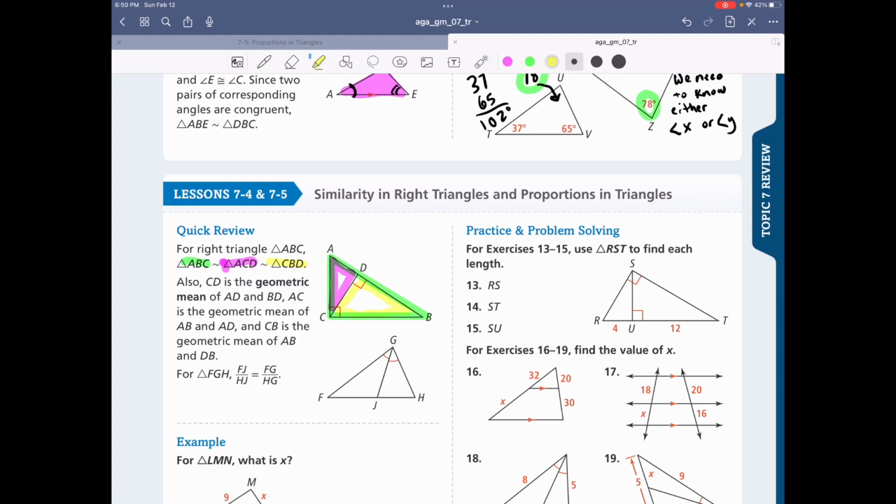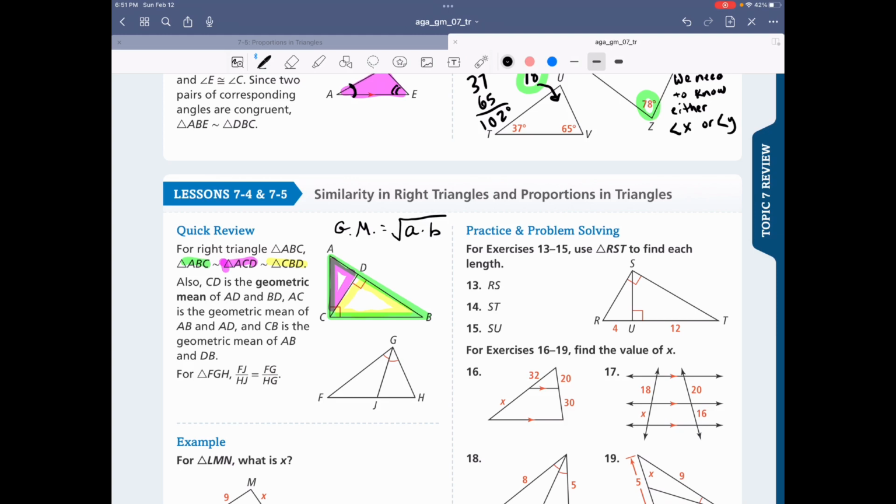Also, CD is the geometric mean of AD and BD. AC is the geometric mean of AB and AD, and CB is the geometric mean of AB and DB, which I don't think I actually showed, but if you remember, the geometric mean was equal to the square root of A dot B.